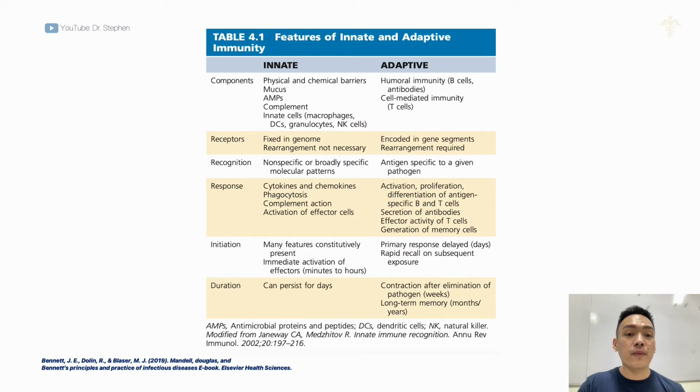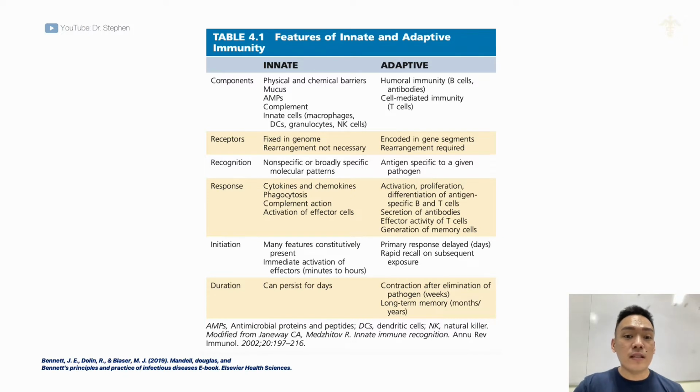And this particular table is coming from Mandell, Douglas, and Bennett's Principles and Practice of Infectious Diseases, and this will showcase the features of innate and adaptive immunity. So each of the rows will indicate some of the features such as components, like for innate, you have physical and chemical barriers, mucus, AMPs, complement, innate cells.